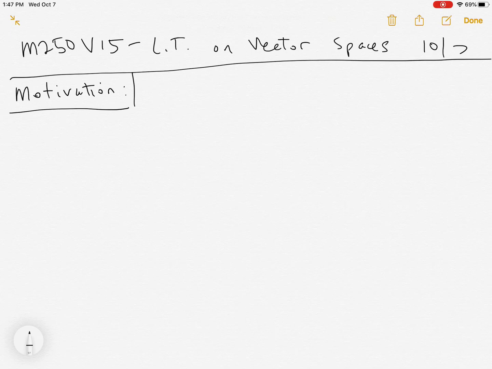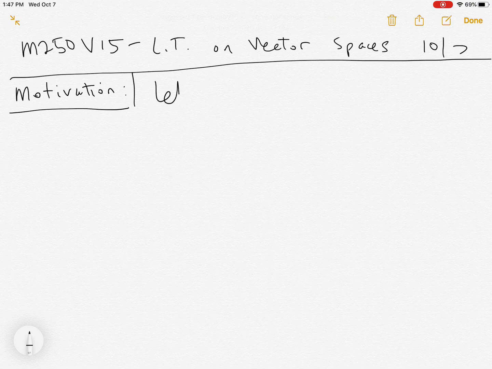Okay, now we're moving on to essentially section 5.4, and we're considering now linear transformations on vector spaces that are not necessarily Rn or Rm, and we're going to relate those. There's a lot of ways to do this, and I've decided to do it this way. We're going to start with two vector spaces.